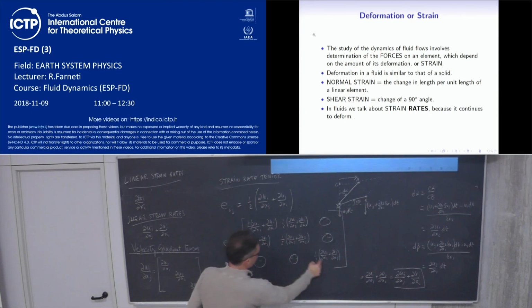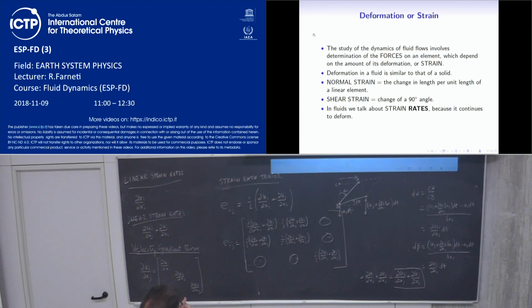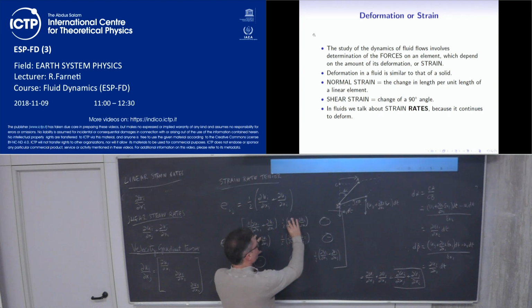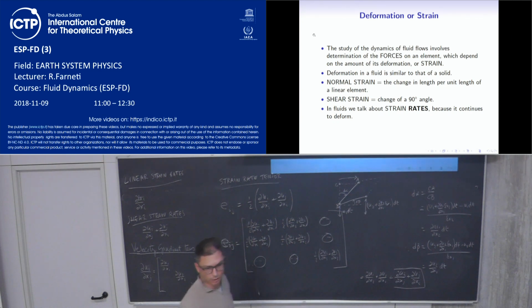And these are the linear strain rates. Okay? So you have one tensor, E, which is giving you all the strain rates acting on the element of fluid. Okay, the linear strain rates and the shear strain rates in the three components. Some of these terms might be zero. You don't have any linear strain rate in one direction, or you don't have any linear strain rate at all. But this tensor is encapsulating all the strain rates in the element of fluid.